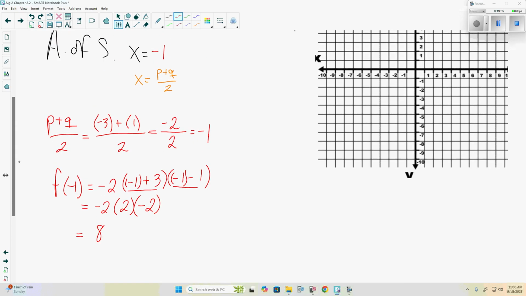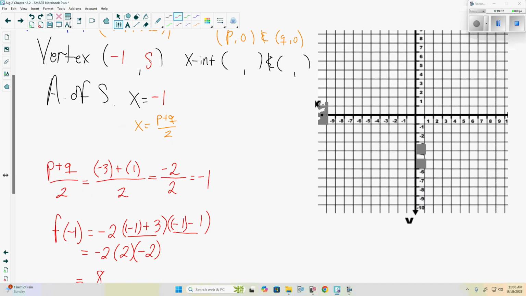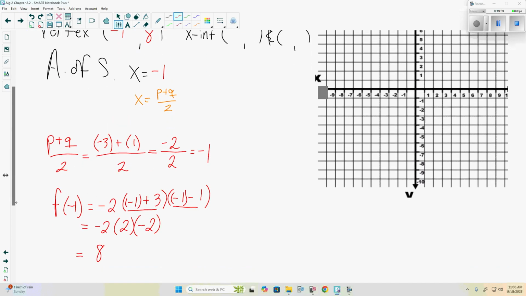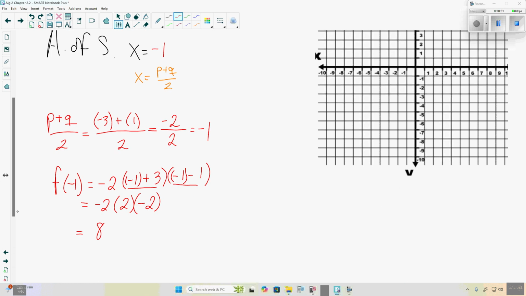So the y value of the vertex is 8. Because -2 times 2 would indeed be negative 4, and negative 4 times negative 2 would be positive 8. So the vertex is the point negative 1, 8.